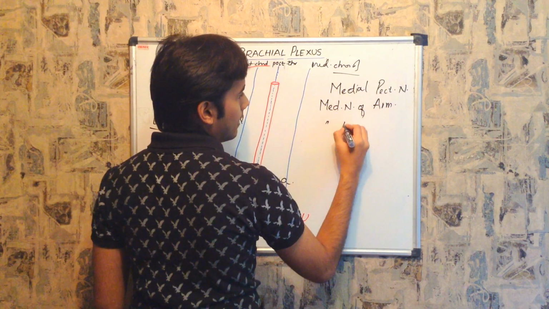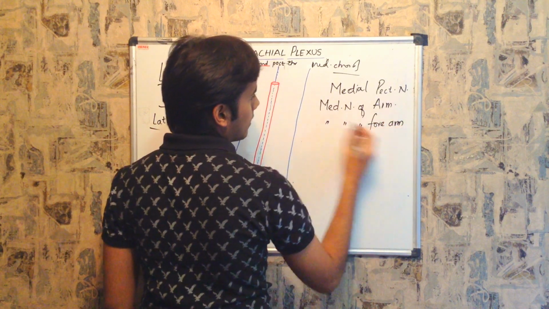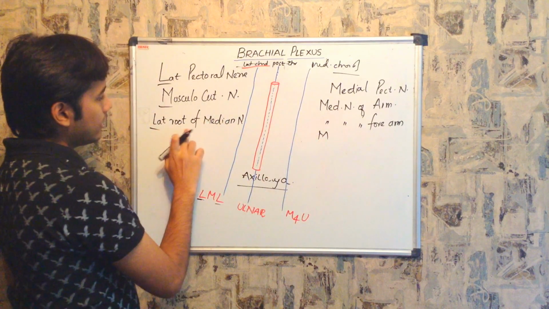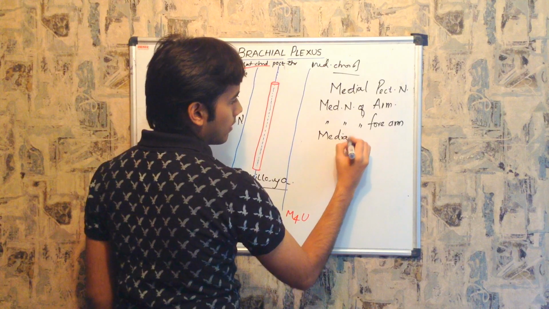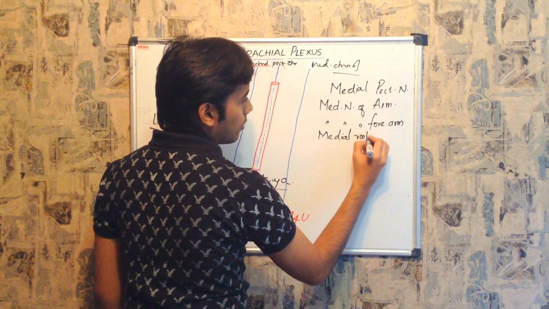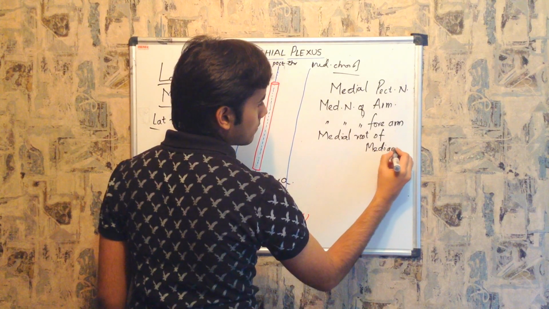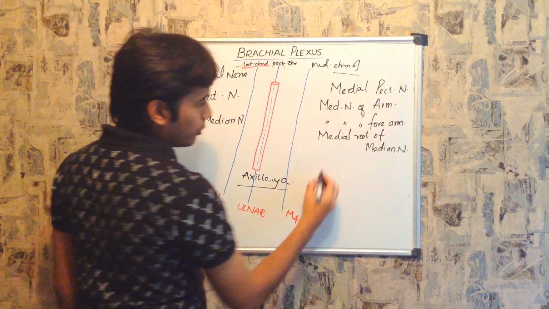Next, medial cutaneous nerve of forearm. 1, 2, 3, 3 M's are finished, and the final M: here it is lateral root of median nerve, so here it must be medial root of median nerve. And next, the last U is the ulnar nerve.